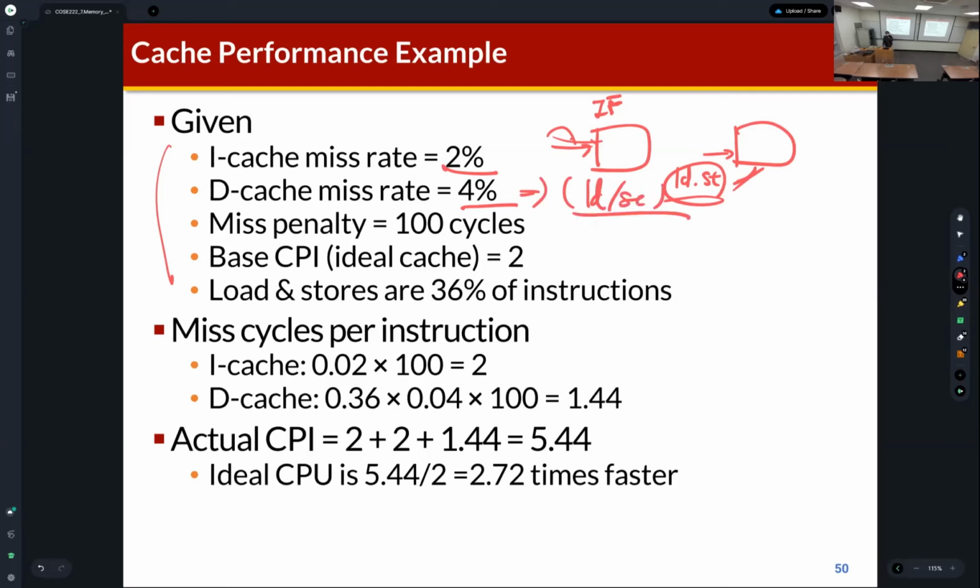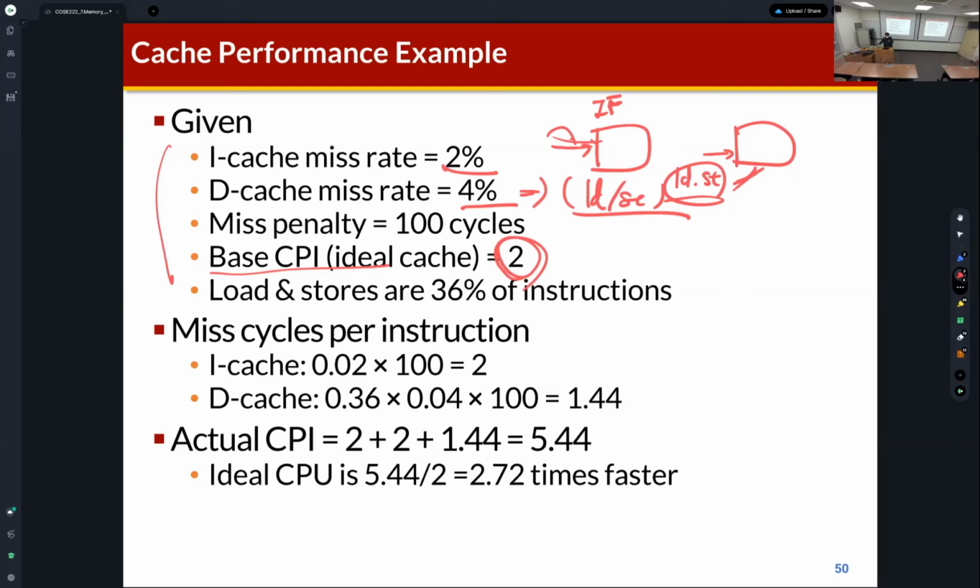And the miss penalty is 100 cycles. Then the base CPI is 2. Base CPI means the ideal cache case, which means that every access to the cache is a hit.